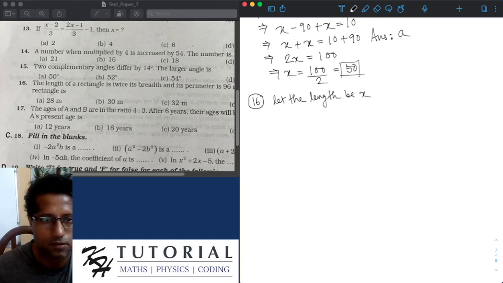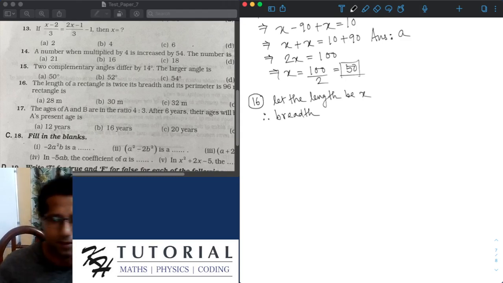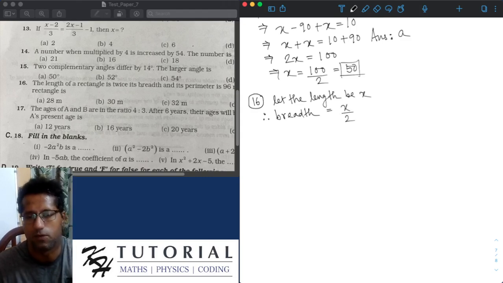Now it is given that the length of a rectangle is twice its breadth. So therefore the breadth will be x by 2.